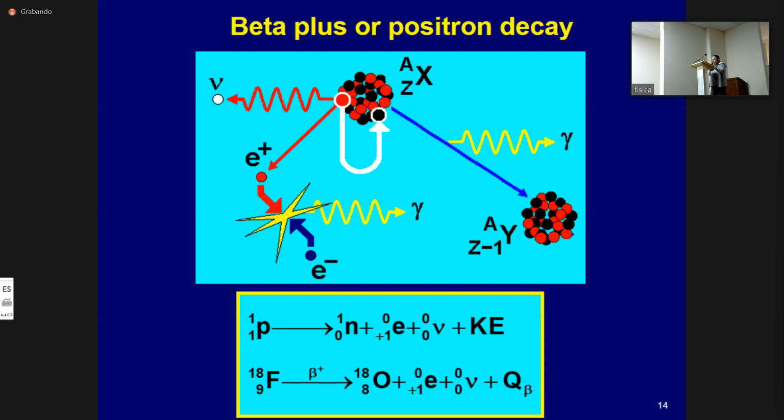Positron is a beta plus particle, which is the same as electron, but antiparticle according to the electron. And neutrino, without addition of anti. Neutrino has again no charge and mass.